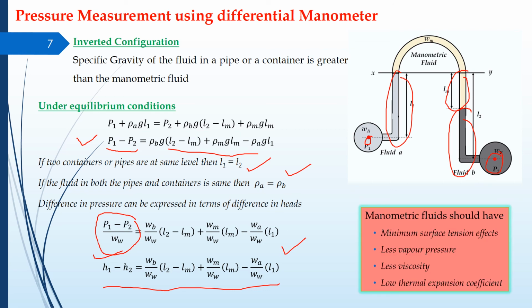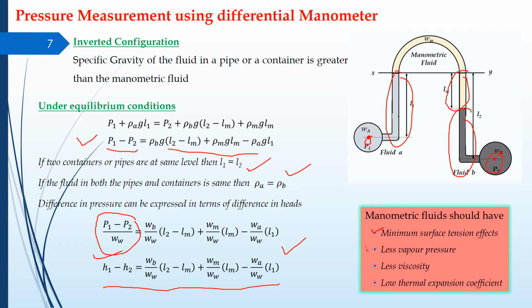So at the last, the important thing is regarding your manometric fluids: the surface tension effects should be minimum. If the surface tension is there, it will add up, and it will cause some errors in the pressure measurement. And also there should be less vapor pressure.